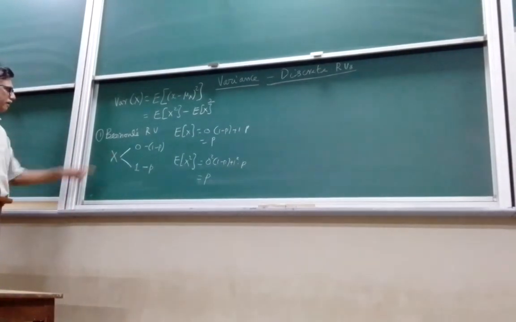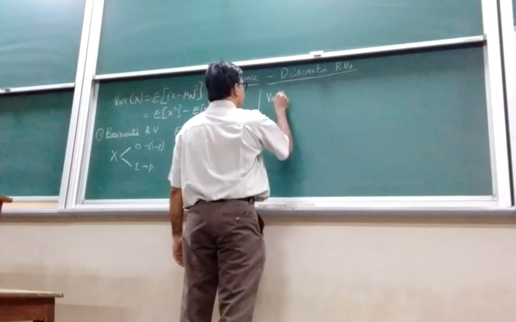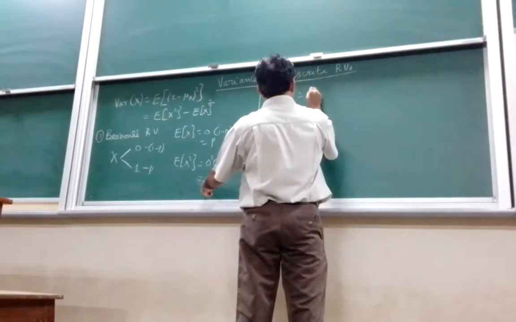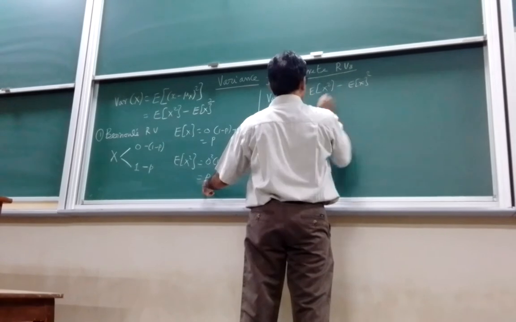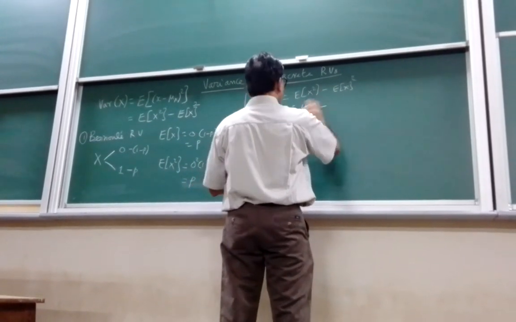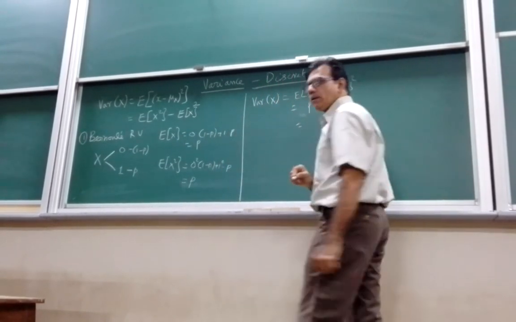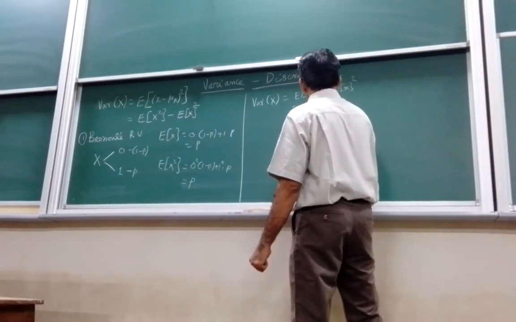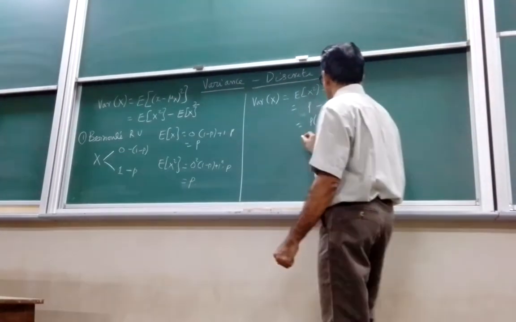Applying this, we get P minus P square. We can write it as p into 1 minus p, and 1 minus p is what we have been writing as q.